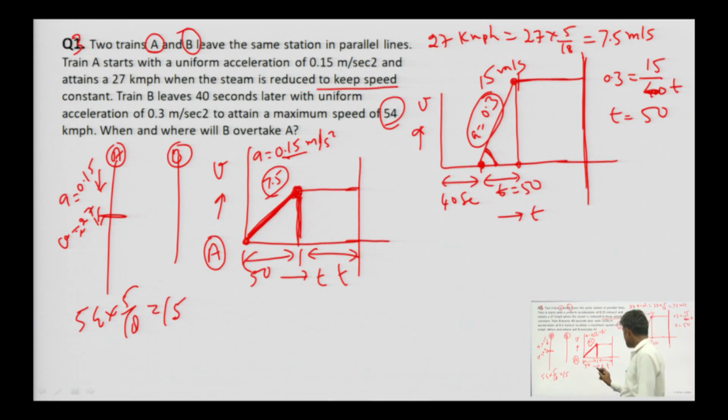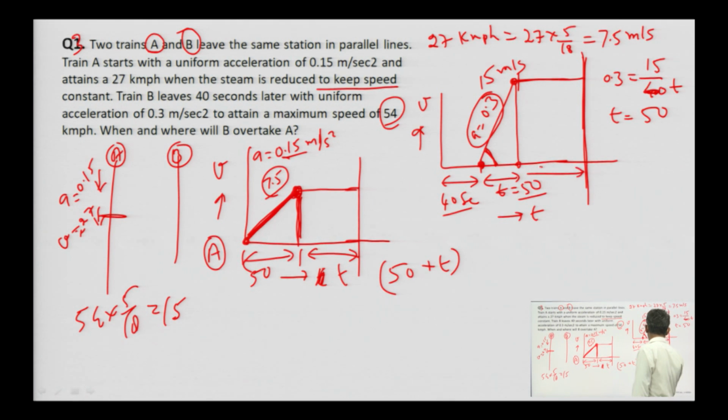So, the total time given is 50 plus t, and here it is 40, it is 50. What will this time be? It will be 50 plus t minus 40 minus 50, so it is t minus 40.